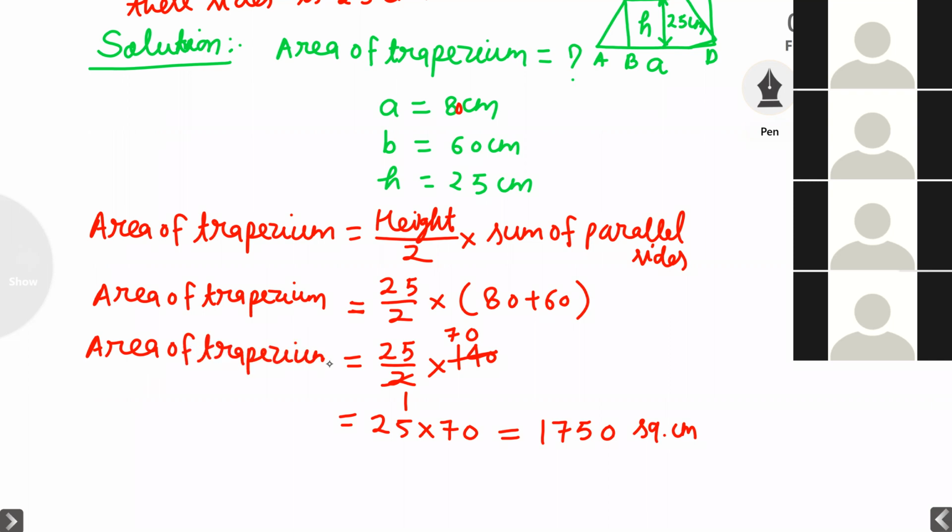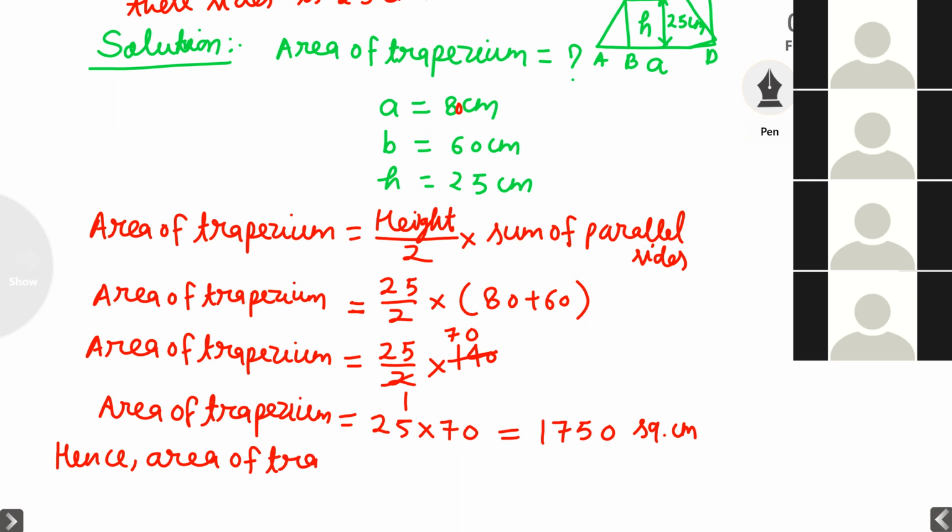Area of trapezium equals 1750 square centimeter. Hence, area of trapezium is 1750 square centimeter.